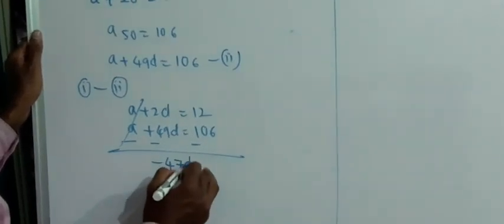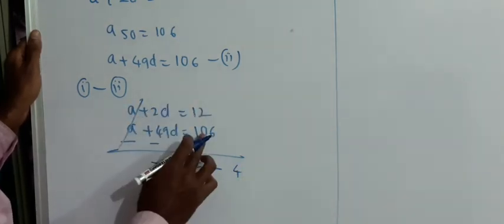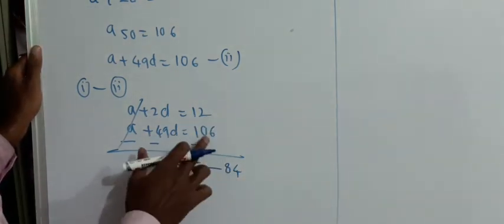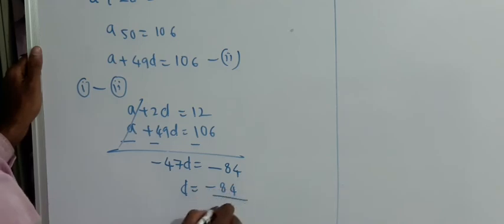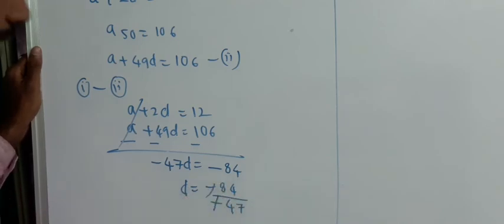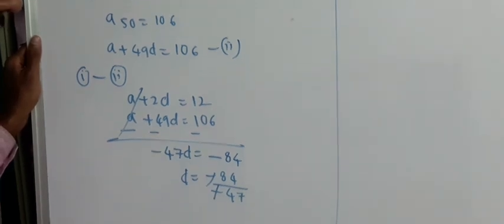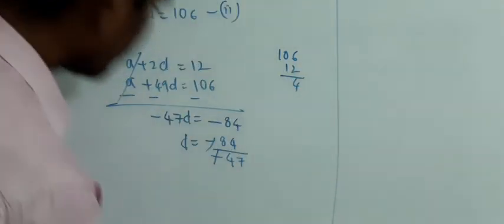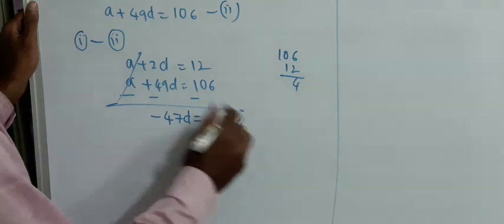Minus 47D is equal to minus, 6 minus 2 is 4. Sorry, 10 minus 1 is 9.